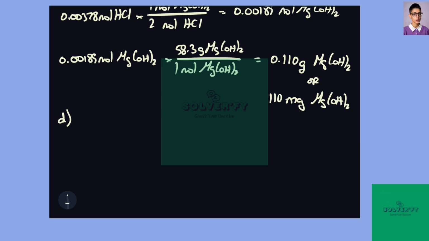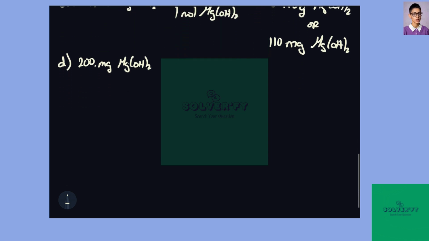For part D, Maalox can be either purchased in liquid or solid. 1 teaspoon has 200 milligrams of aluminum hydroxide and 200 milligrams of magnesium hydroxide. What volume will react completely with 1 teaspoon of Maalox? So we're told that we have 200 milligrams of magnesium hydroxide, and so let's find the moles of HCl based on this. 0.200 grams times 58.3 grams in 1 mole.